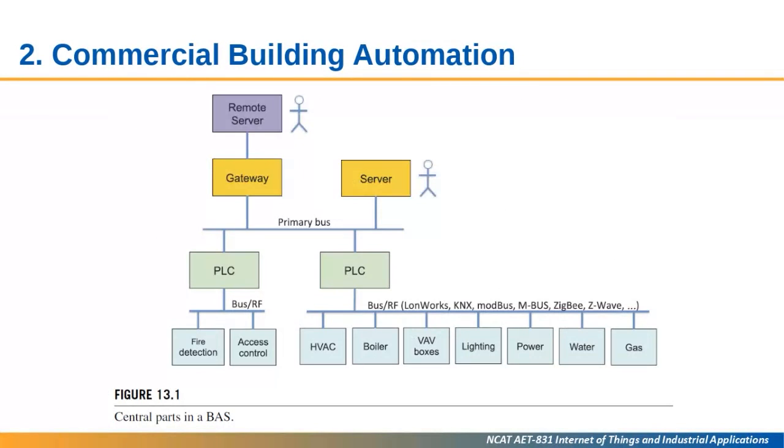So for this illustration, the PLC, under the context of commercial building automation, plays the role of the gateway and mediator in the IoT architecture. So it interfaces with the sensors and actuators and provides communication capabilities using different methods to the high-level applications.